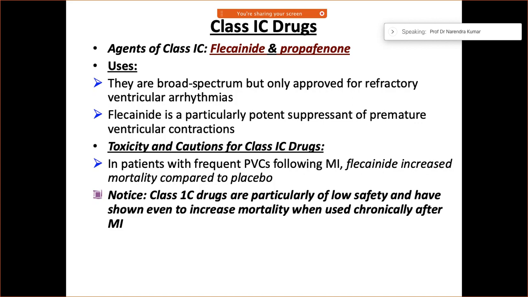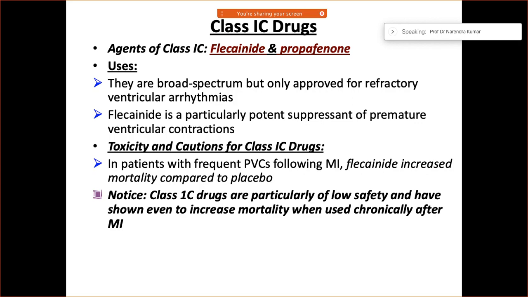So let's not forget, class 1A was quinidine, procainamide. Then 1B is mexiletine, lidocaine, and tocainide. However, class 1C contains encainide, flecainide, and propafenone as well.